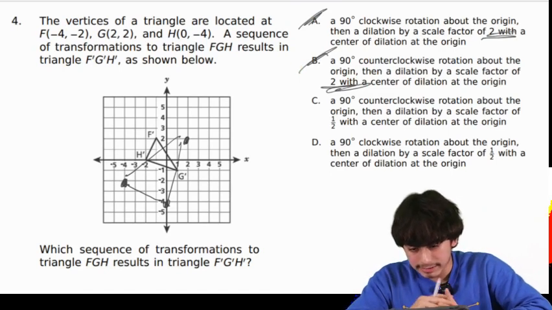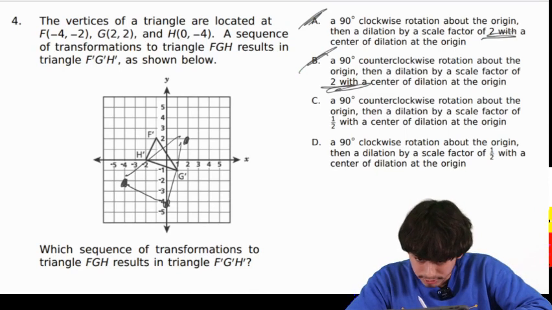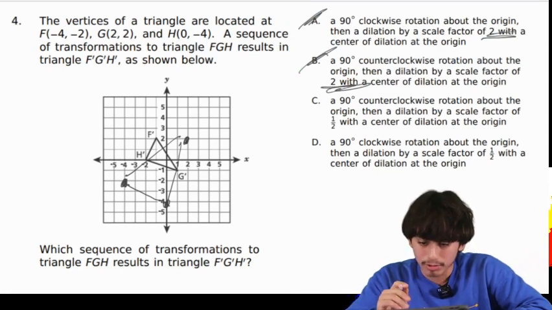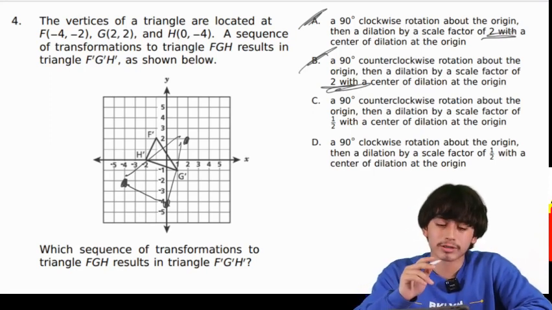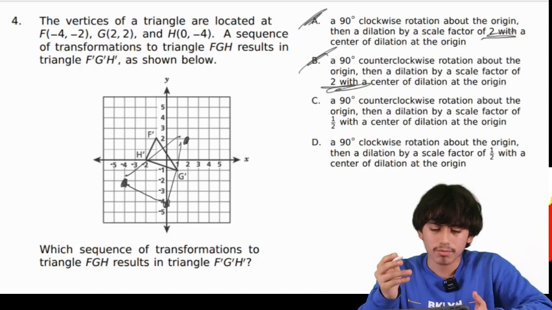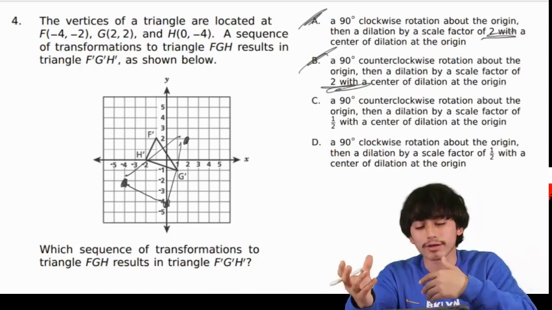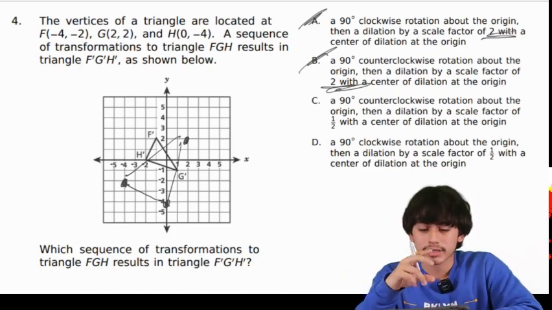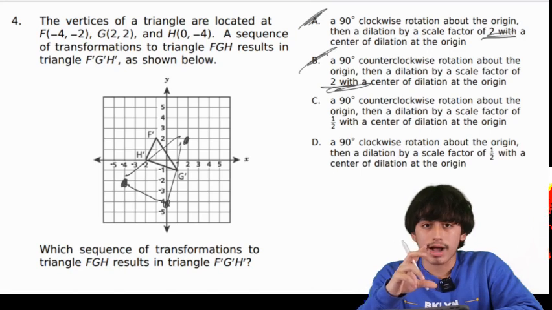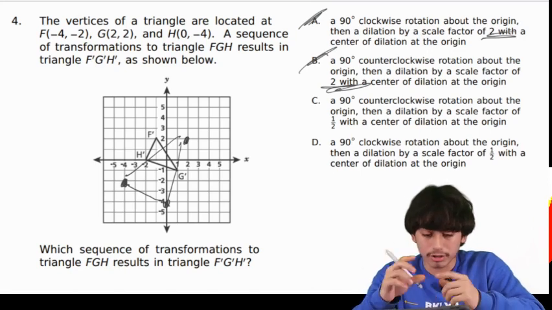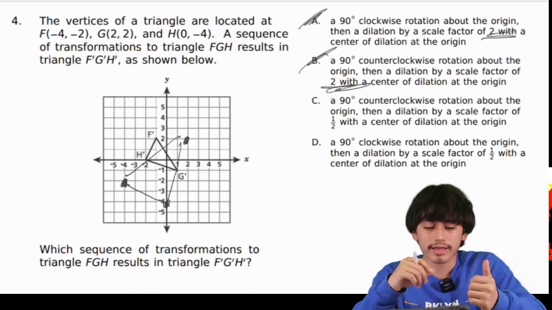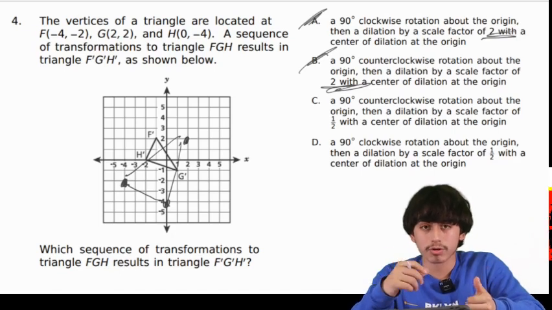And if we look at C and D, C is a 90-degree counterclockwise rotation about the origin, then a dilation by a scale factor of half with a center of dilation at the origin. What I know is that if we rotate the triangle counterclockwise, it'll go to the left, and if we do it clockwise, it'll go to the right.